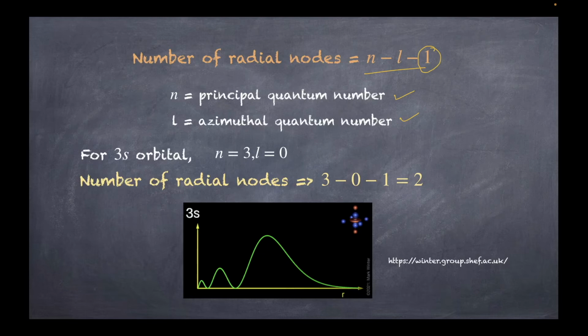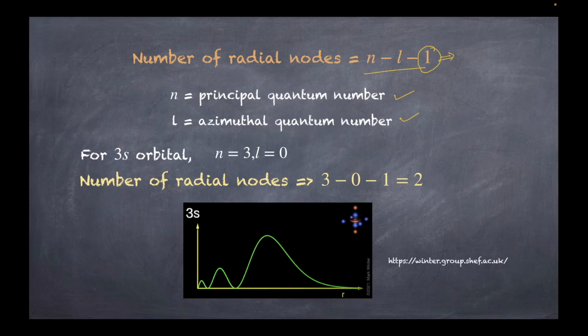That means the probability of finding an electron at very large distance from the nucleus asymptotically becomes 0. So we will not count the position at infinity as a position of a radial node. That's why we are subtracting this 1.